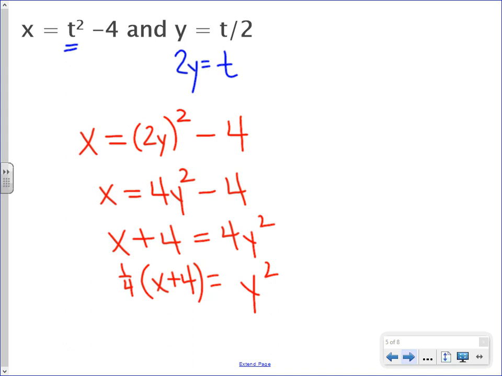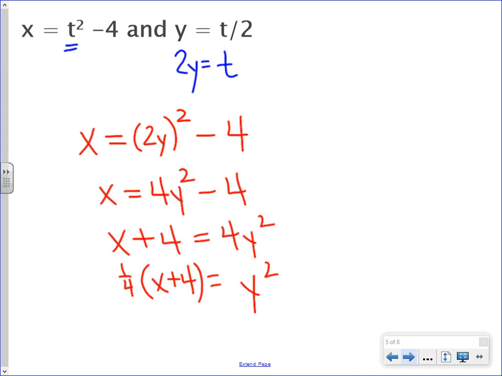Yes. Well, we're dividing the quantity by 4, which is why I have the 1/4 out here. But we need to have that x with a coefficient of 1 so we can identify the vertex. Okay, so we have a parabola with vertex (-4, 0).